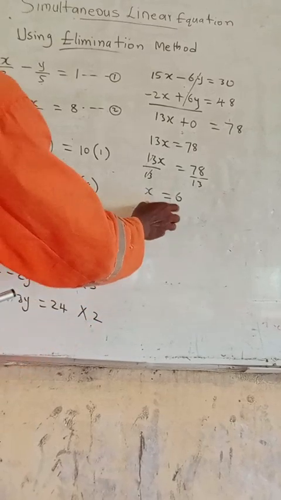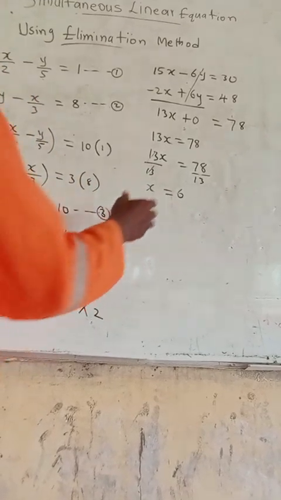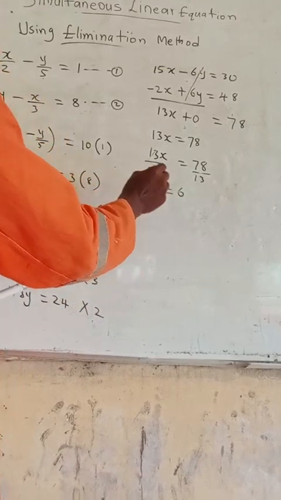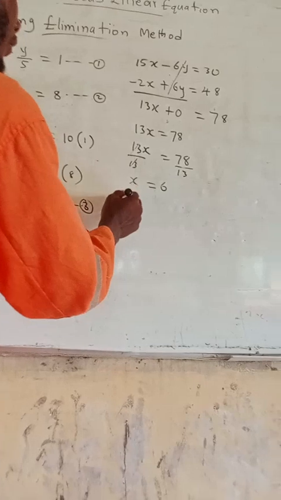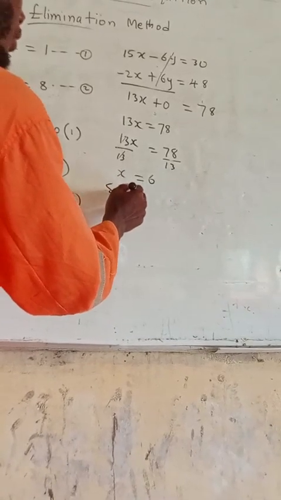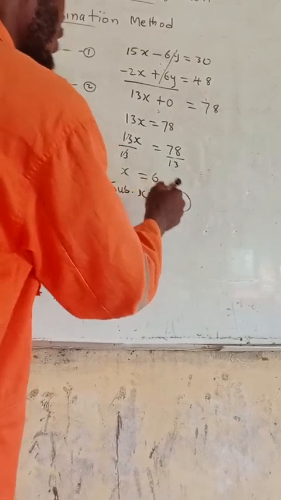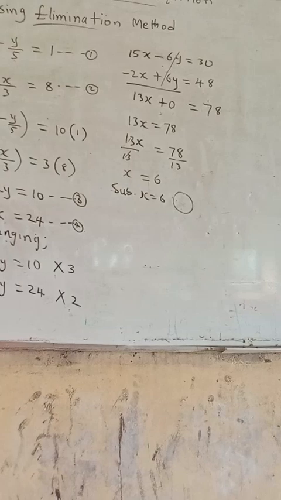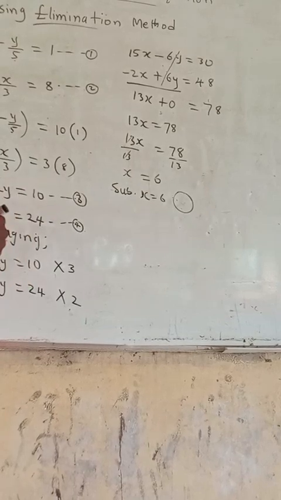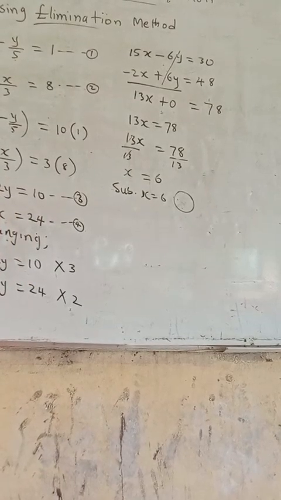Now, at this point, we will substitute the value of x, which is equal to 6, in any of the equations. We can decide to choose equation 4. We are looking for the simplest equation to use.